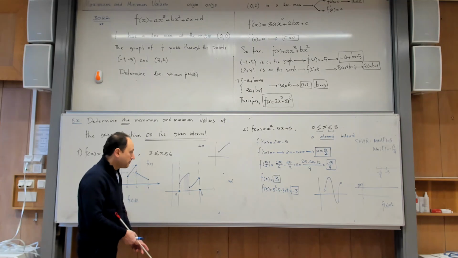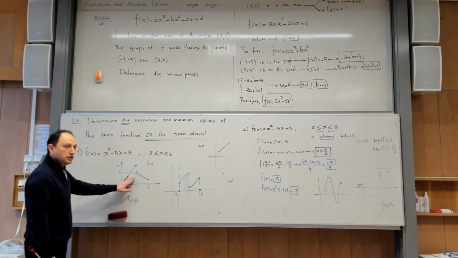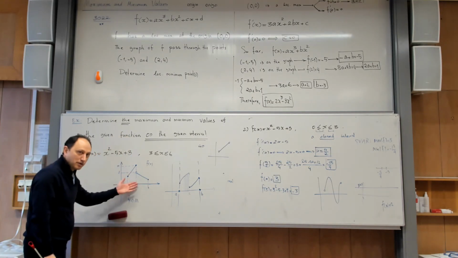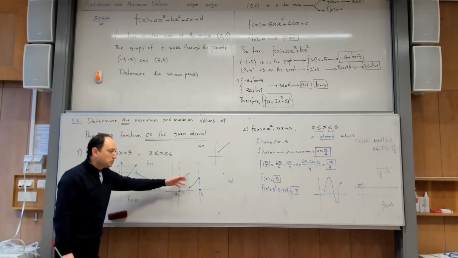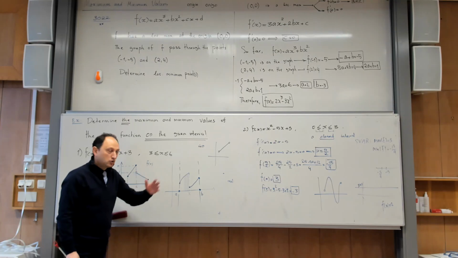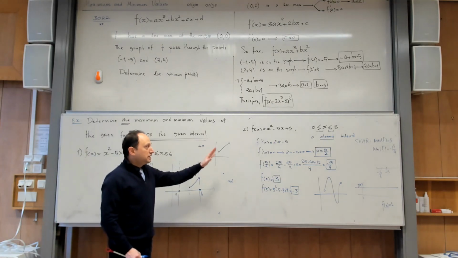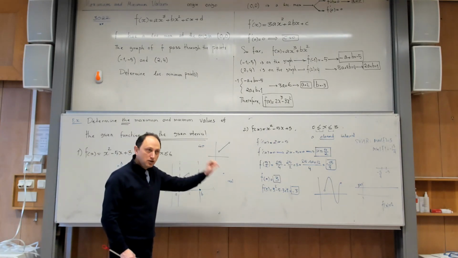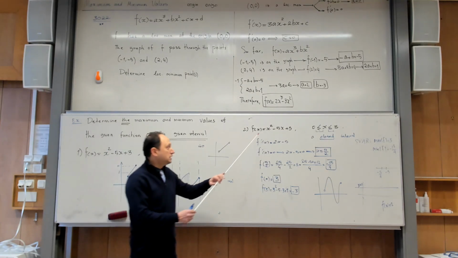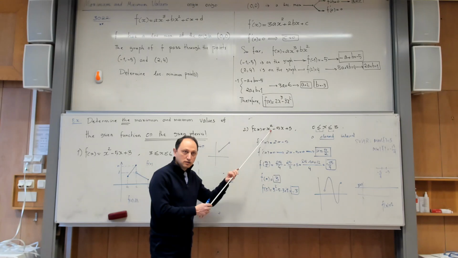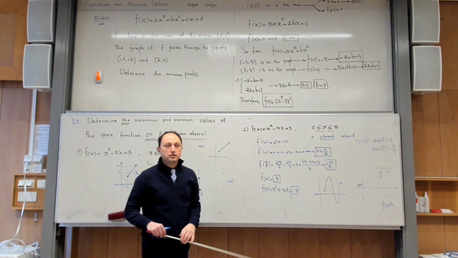So you see, it was not continuous, but still I had the maximum. But if this is not continuous, I might lose one of them. So two features are really important to guarantee that there is a maximum and a minimum: continuity of the function and closeness of the interval.